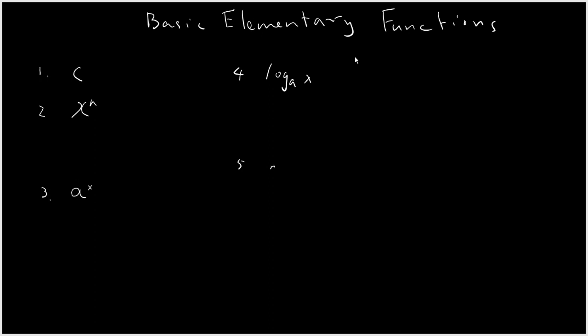The first one is sine of x, the next one is cosine of x, and then tangent of x, and then cotangent of x. The next one should be secant of x, and then the sixth one should be cosecant of x.